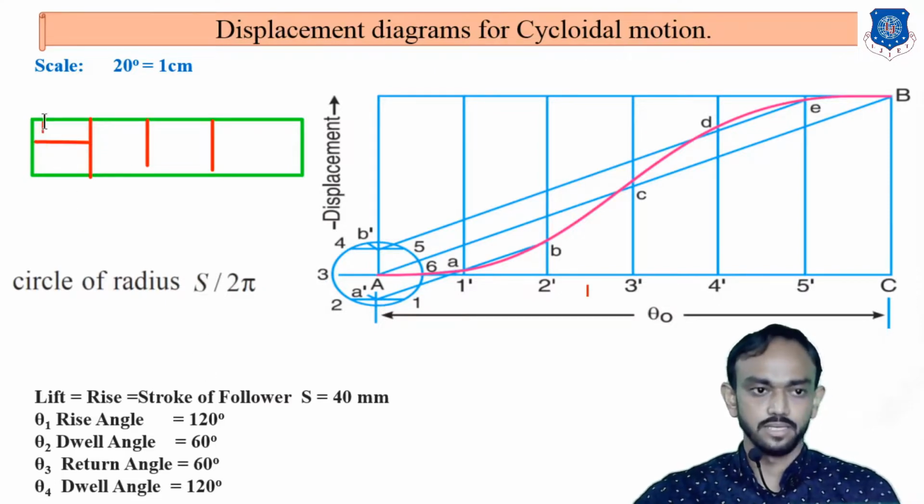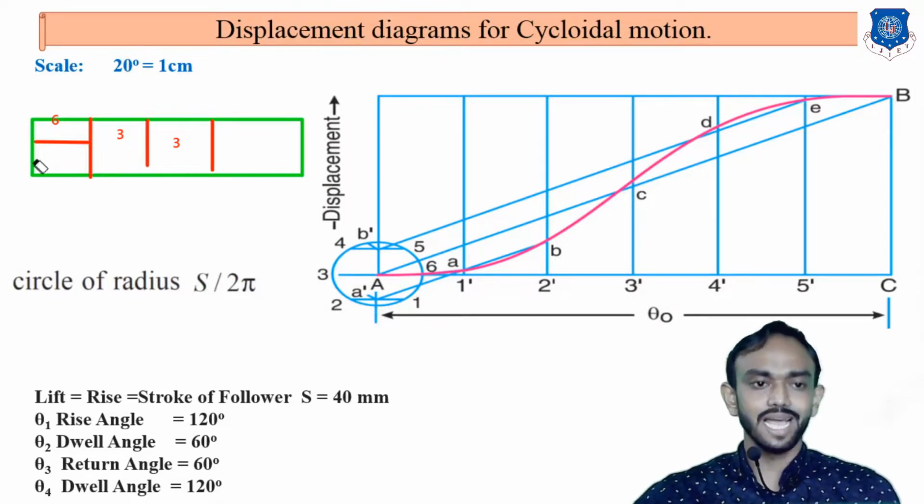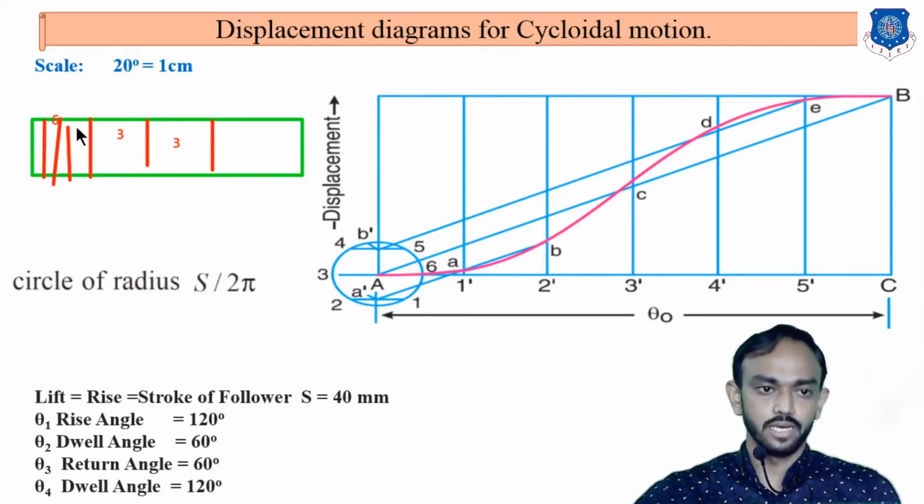This is the 6 centimeter, and 60 means this will be 3 centimeter, and 120 means 6. As per the given data you will divide this, and after that you divide 6 parts of rise here and 6 parts of return.